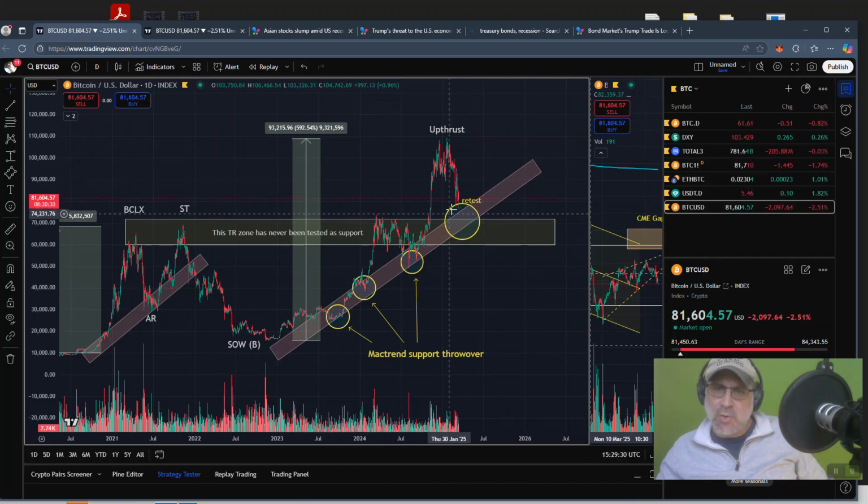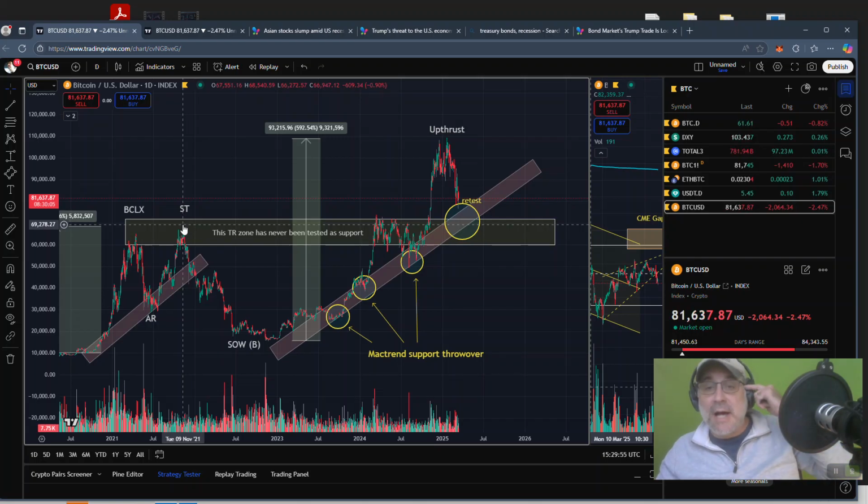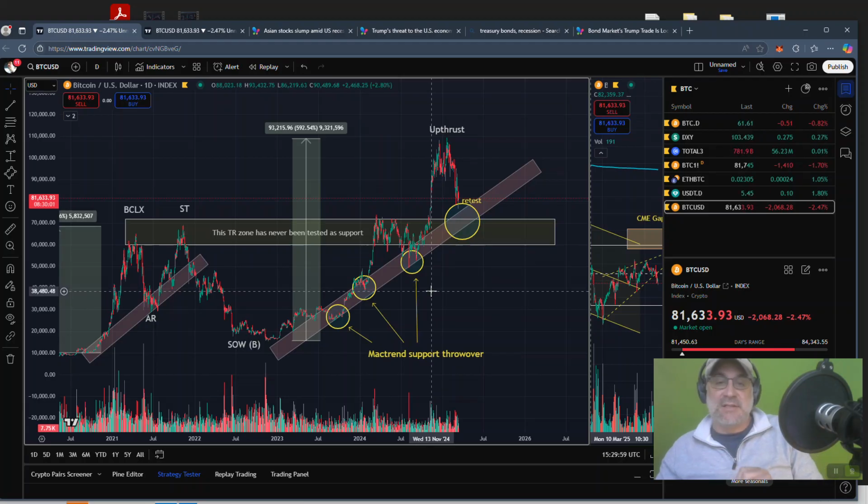We're probably going to have some throw over in it, but if it can establish it like it did here at this automatic rally point, then it can flip this line. It can flip this area of retest. And then from here, we can go up and begin to maybe create another top like it did 4 years ago here. And we had a whole other rally, which created a whole new all-time high. That's possible, but not before a retest.